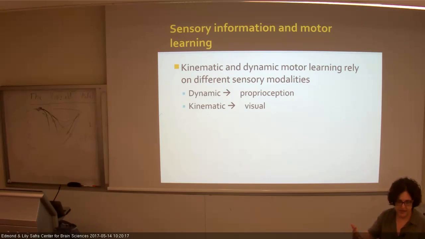So both the inverse model, because it requires a different command, but also the forward, because your prediction will be different. The same command now will move the cursor right instead of left.